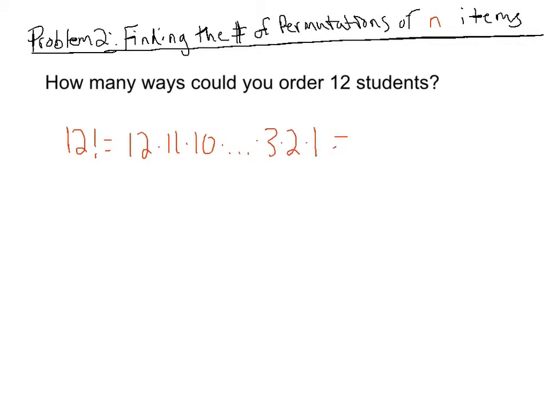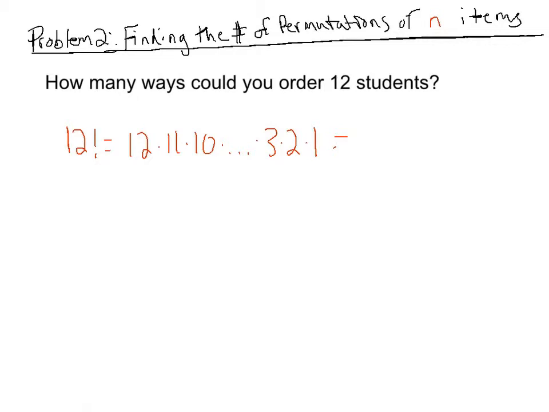Now, instead of multiplying 12 times 11 times 10 times 9 times 8 and so on, our calculator does have a button that we can use to help us figure this out. If you hit the math button and scroll to the right 3 times to the menu that says PRB, and scroll down to option number 4, there's your factorial sign. To use it, you hit 12 and then you hit that factorial sign.